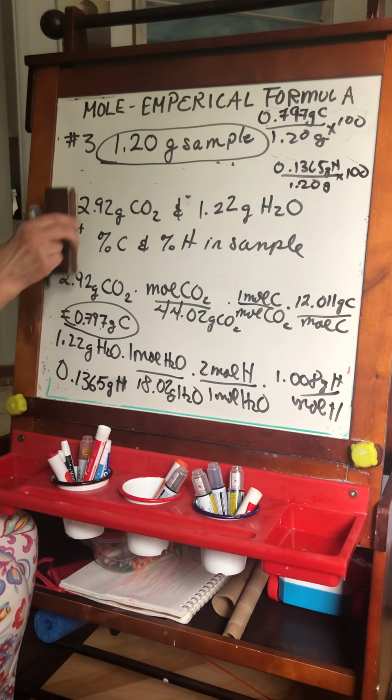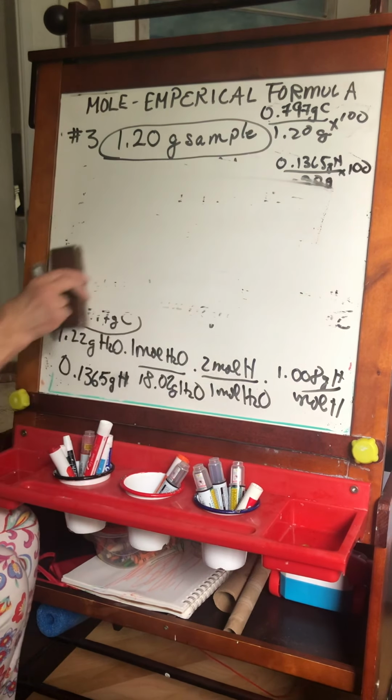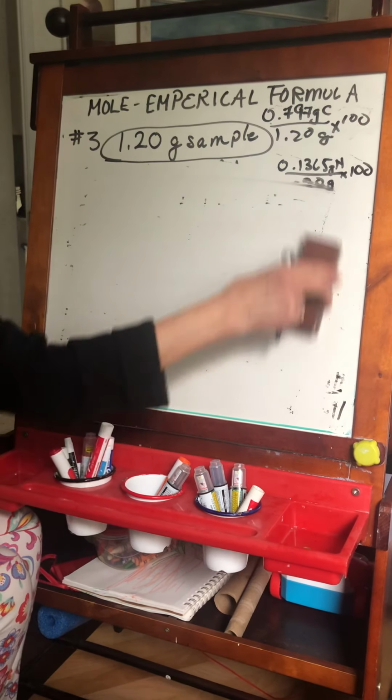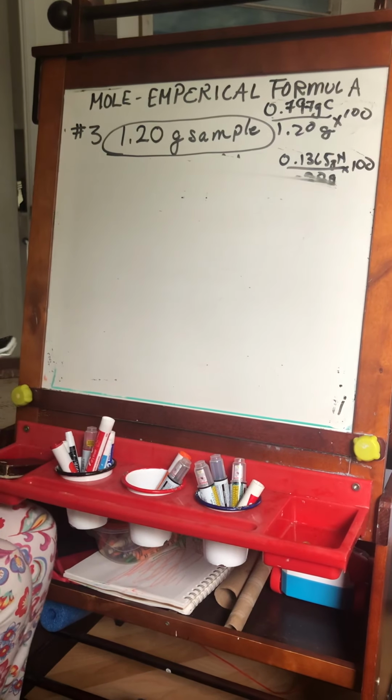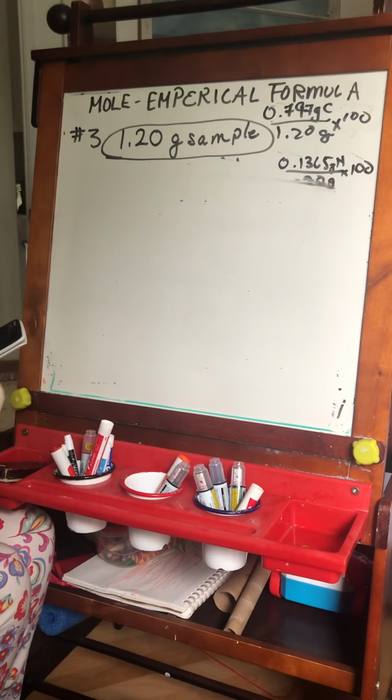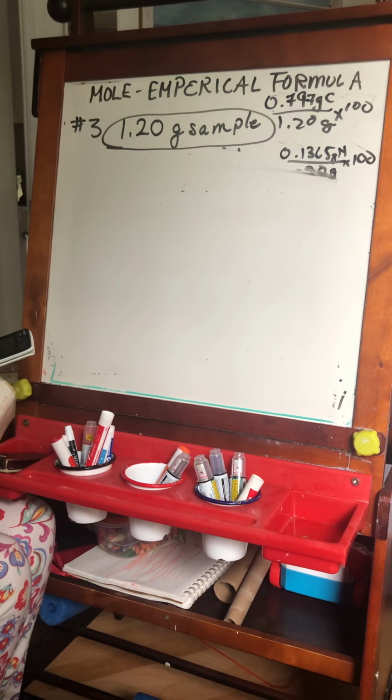Okay, so I'm going to erase this, and let's do our second step. For the second step, we're going to get our percents, and subtract them from 100, because remember, every sample size is 100% sample size.